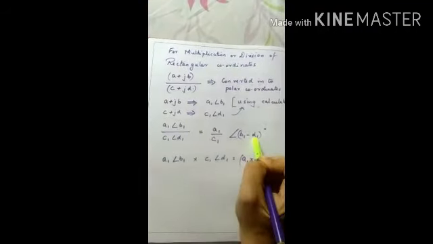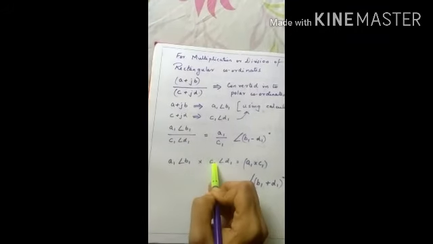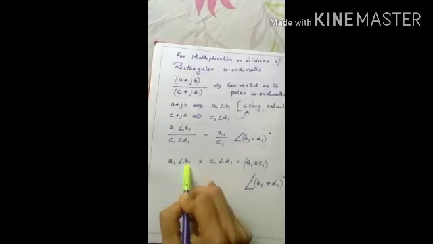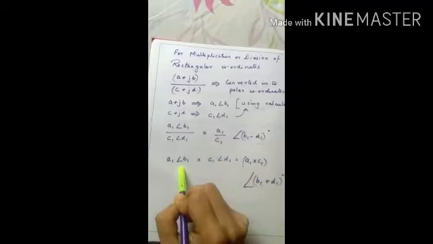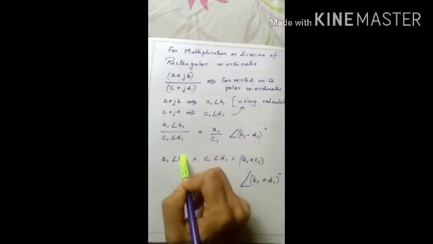Similarly, if you need to do multiplication, you multiply the magnitudes a1 into c1, and the angle part will be given by b1 plus d1. So if it is multiplication, add the angles. If it is division, take the difference of both the angles.